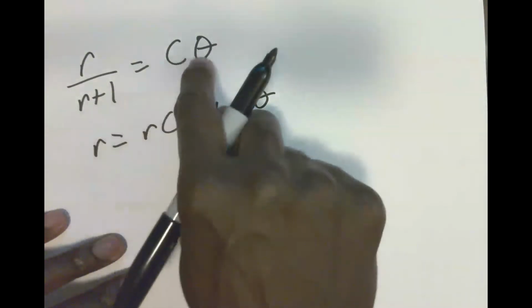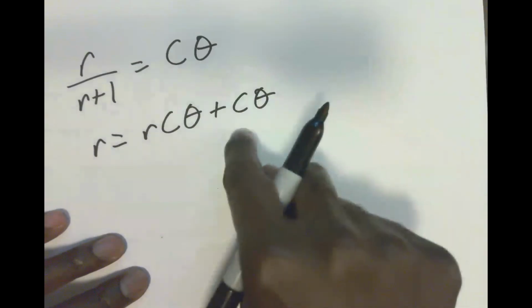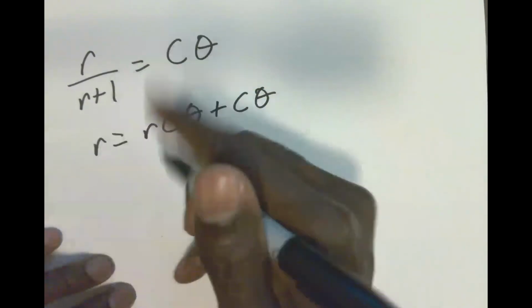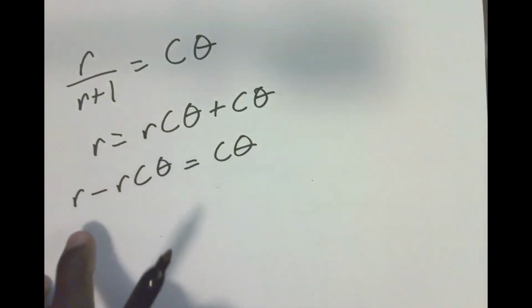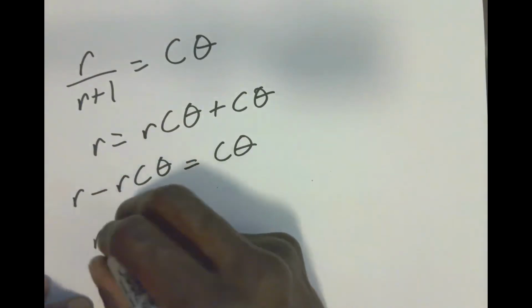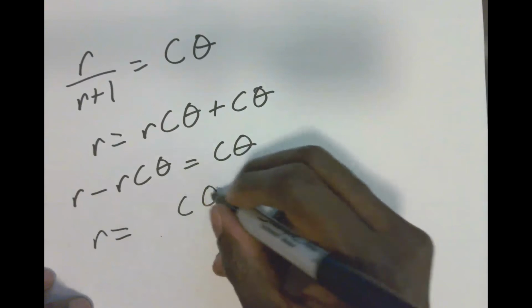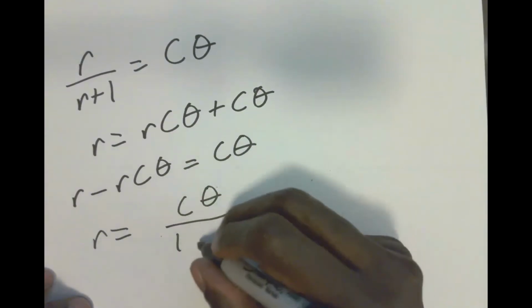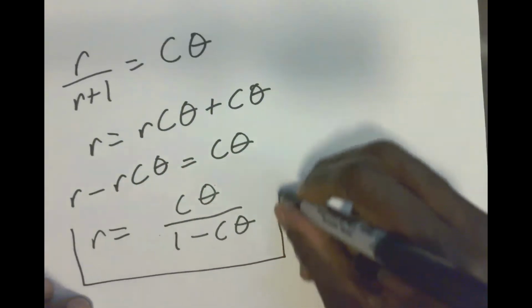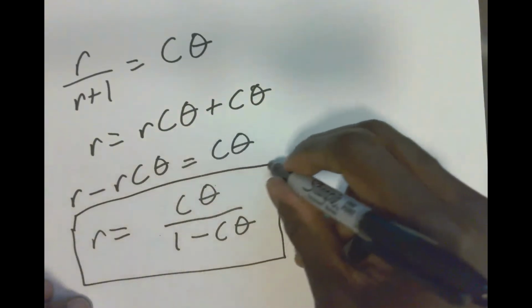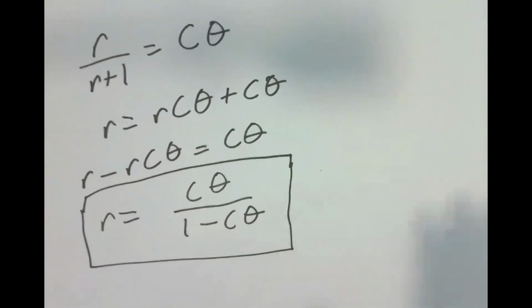So r times c theta is r c theta, and 1 times c theta is just c theta. Bring everything with an r to one side: r minus r c theta equals c theta. If you factor out an r, you'll be left with 1 minus c theta, and then divide by that. So r would be c theta over 1 minus c theta. All right, that solves that particular differential equation.